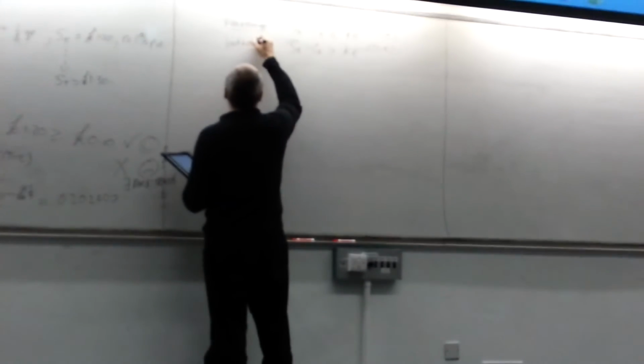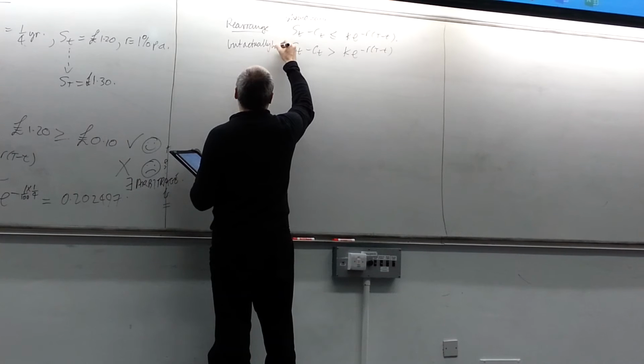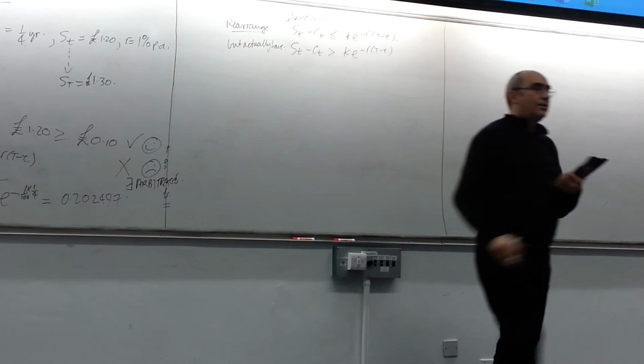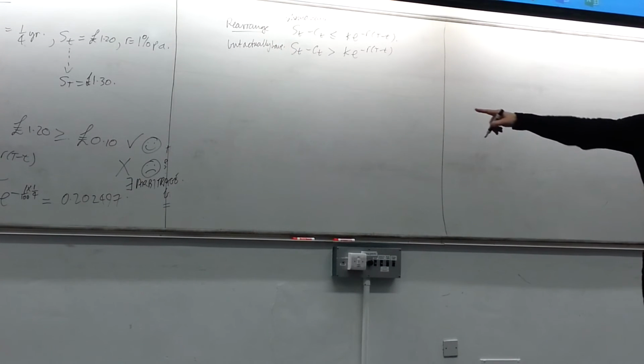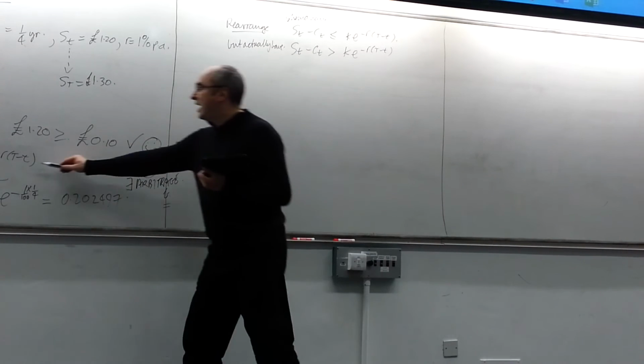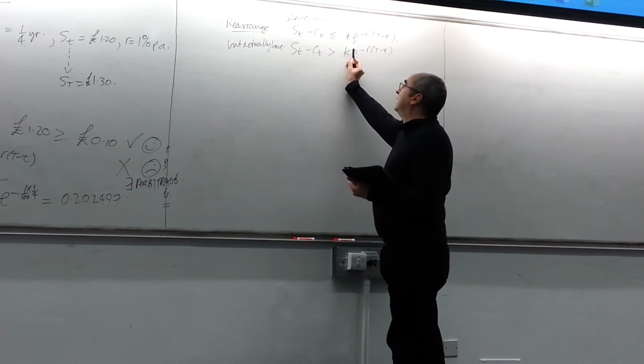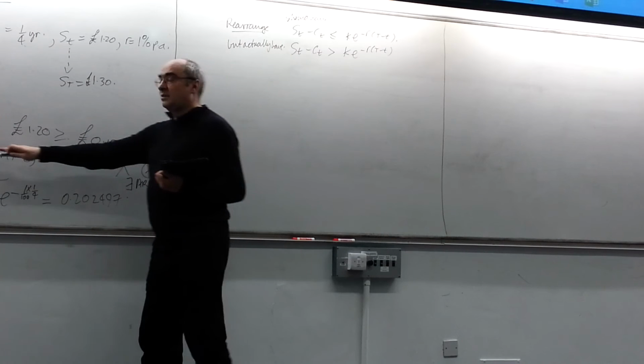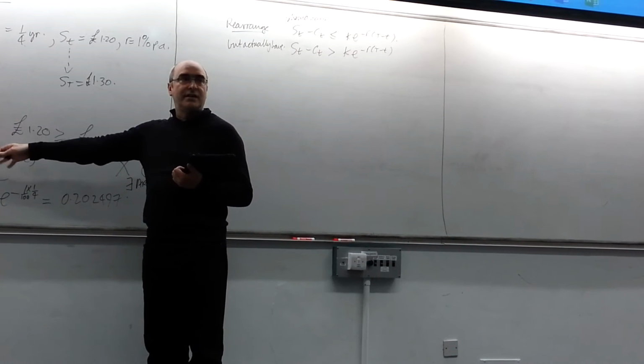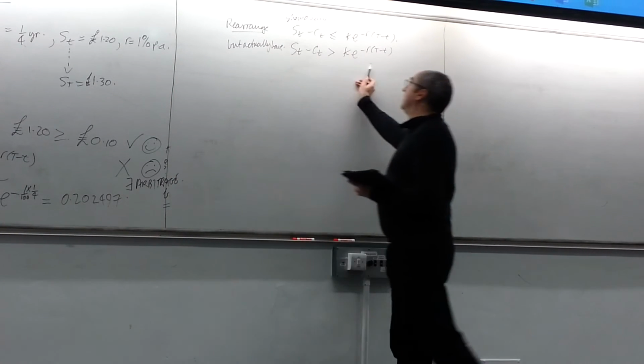But actually we end up with ST minus CT is greater than K e to the minus r(T minus t). Okay, so the rearrangement of the inequality that we should have is this form, but rearranging it isn't going to change the fact that the inequality is violated, so we've got to have the opposite, which is this one.